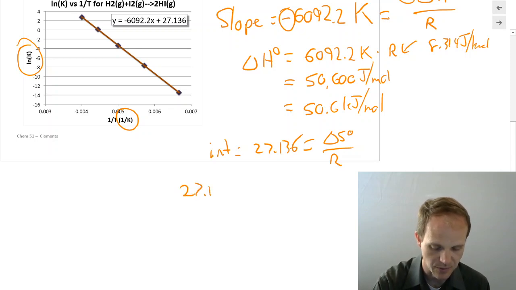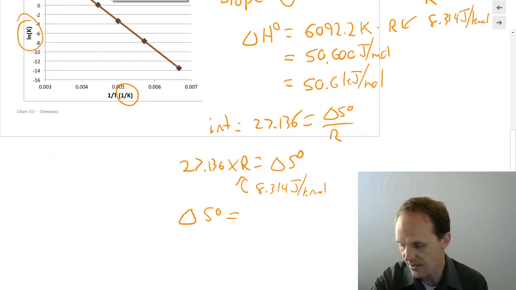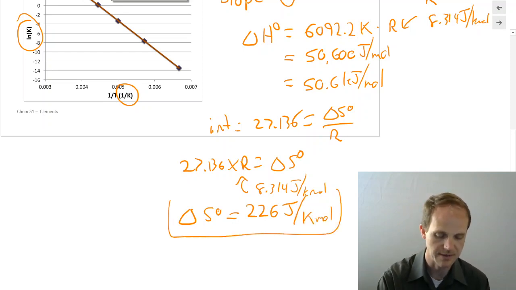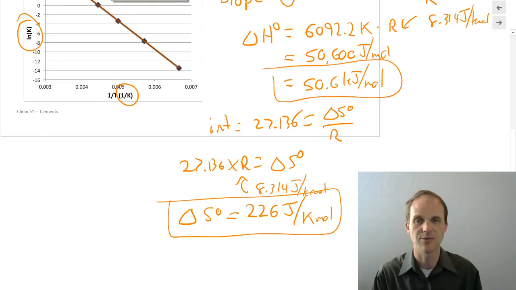So 27.136 times R is equal to delta S naught, with the same R, 8.314 joules per Kelvin mole. You get that delta S naught is 226 joules per Kelvin mole. Neat. We can get both delta H and delta S out of one of these plots.